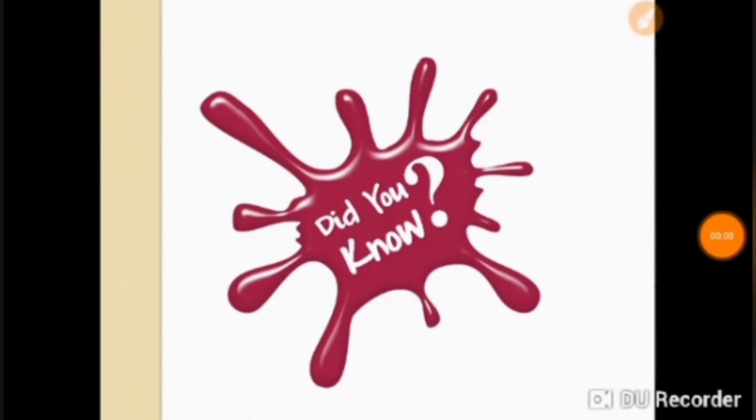So children, today we have learned about point, line, line segment and ray, and we have learned that there are various types of lines also, like horizontal, vertical, slanting lines, and also we have learned about various types of curves. Do you know that these lines, line segments, can be used to form a beautiful art?